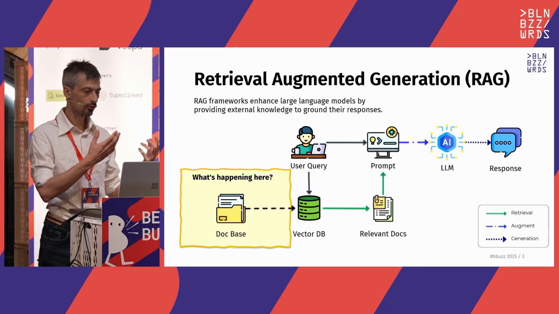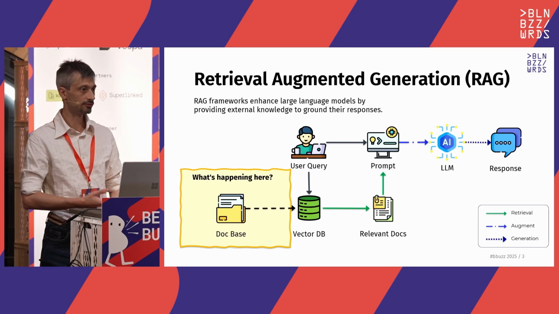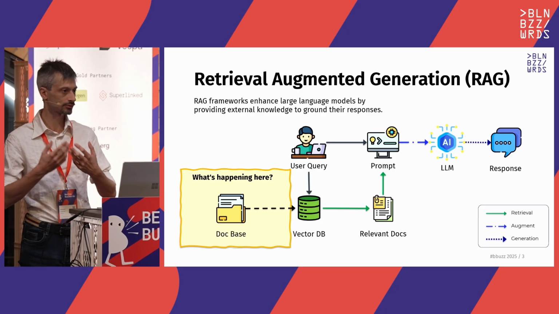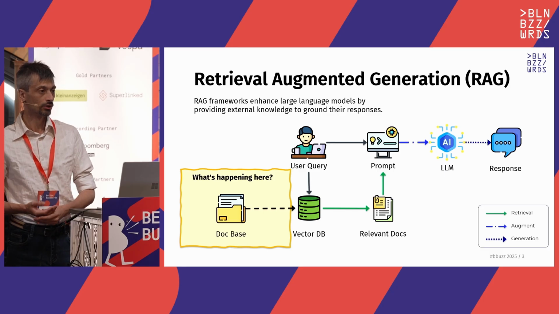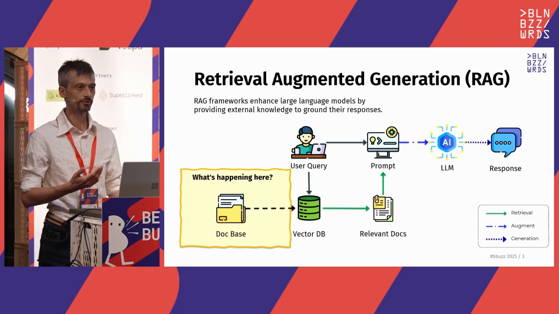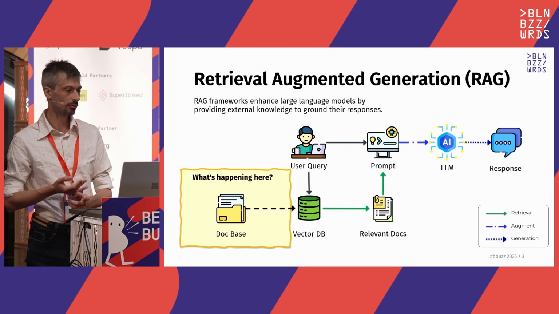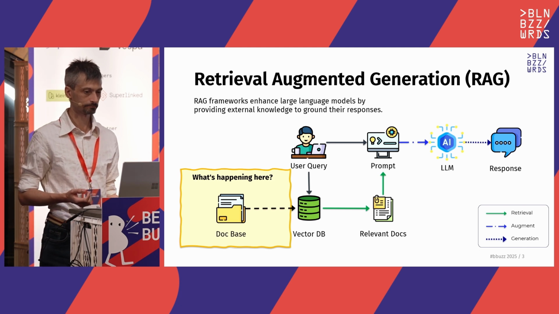So how the document structure and the document content affect what the developers will put in the vector database, to allow the users to retrieve the passages or the documents or whatever they need from the original document base.